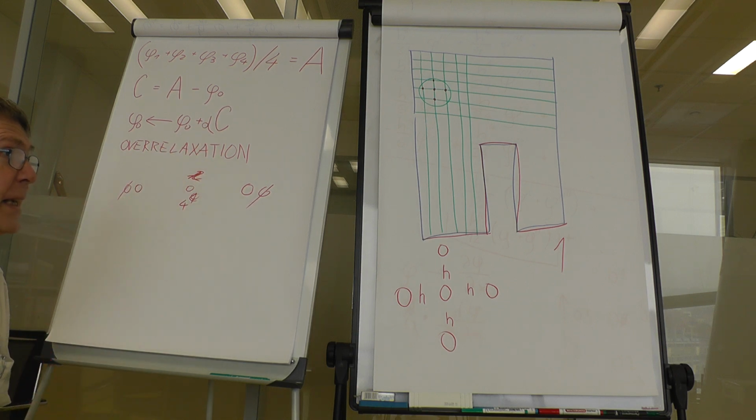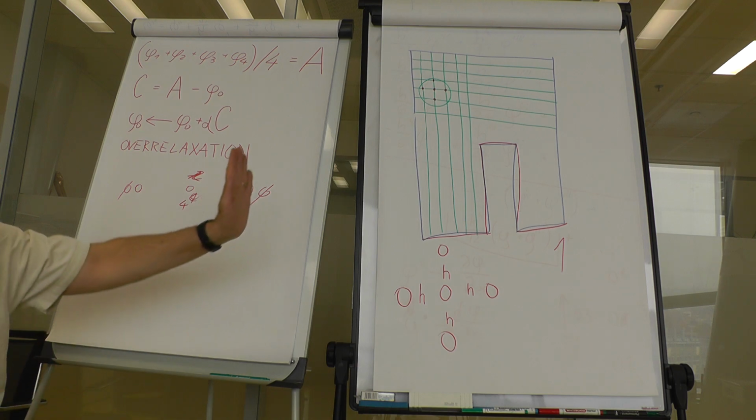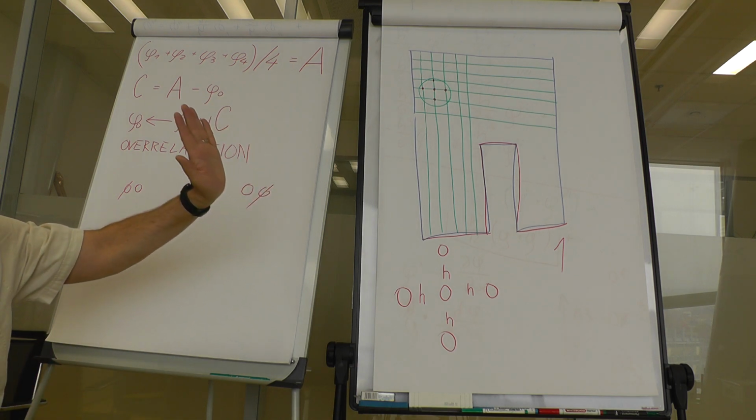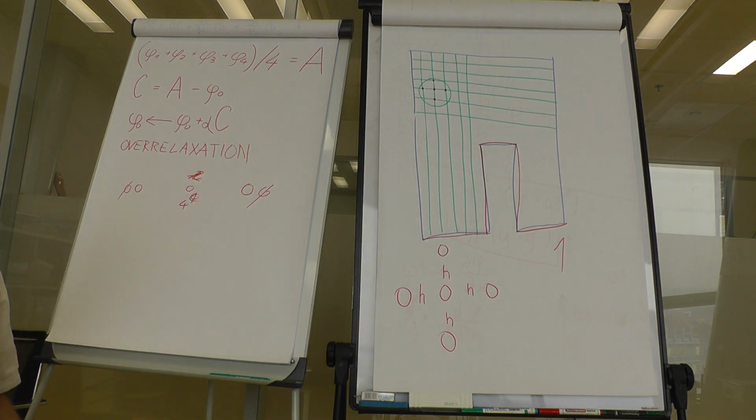But fortunately, at least for rectangular areas, I mean areas that are more or less looking like a brick or a rectangle in 2D, there is known the behavior of the optimum coefficient.